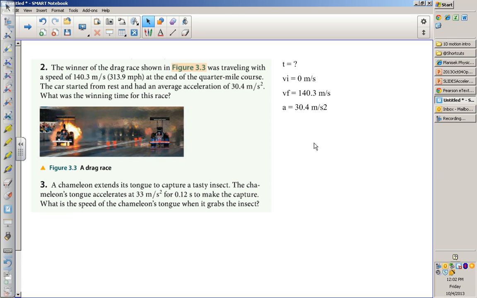So for number 2, that's your relevant information. That's the information first that we're looking for, and second that they gave you in the problem to work with.